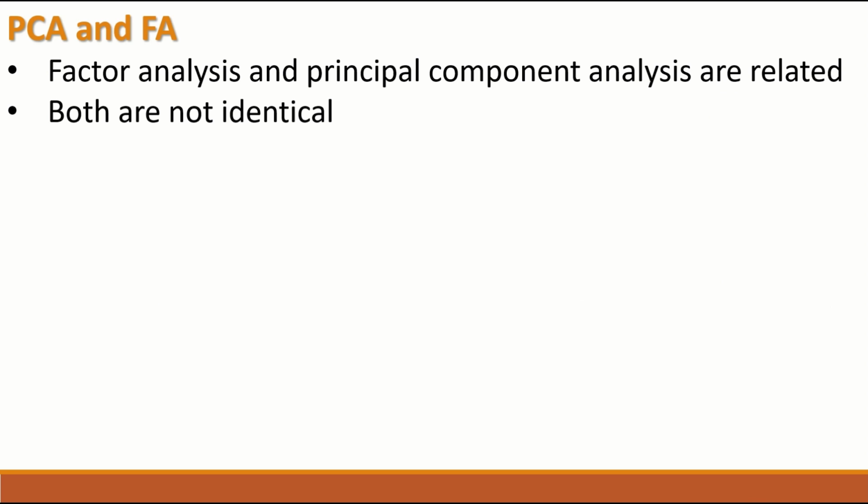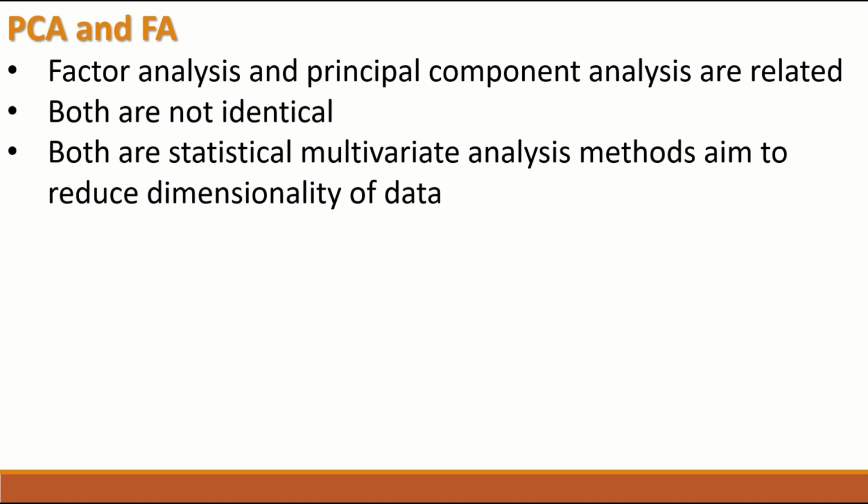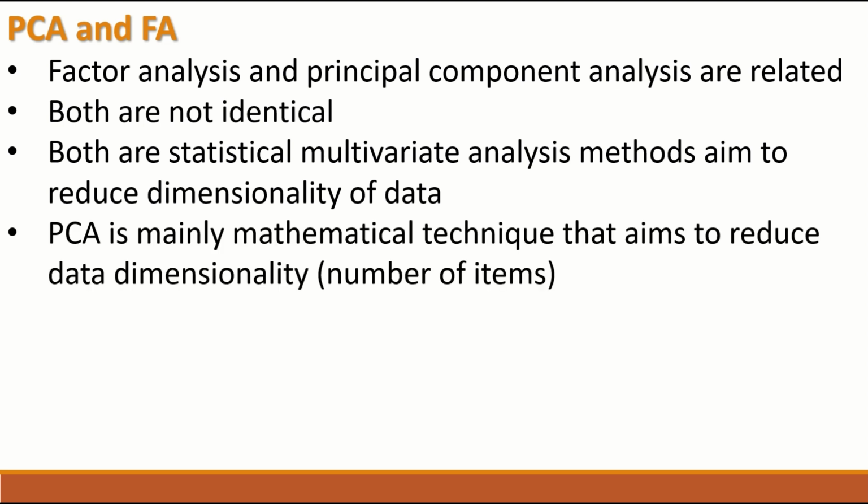However, both are not identical. Both are statistical multivariate analysis methods that aim to reduce the dimensionality of the data. That is the common thing between these two methods, abbreviated as PCA and FA.